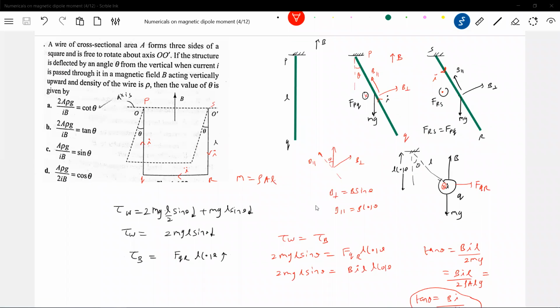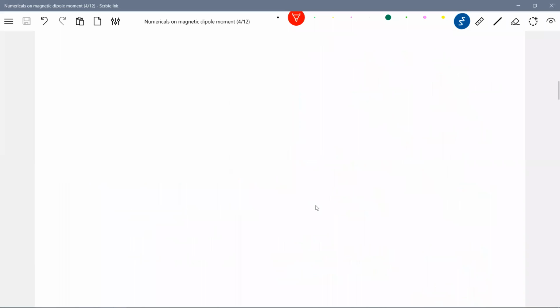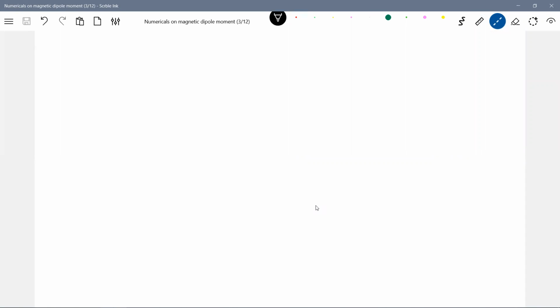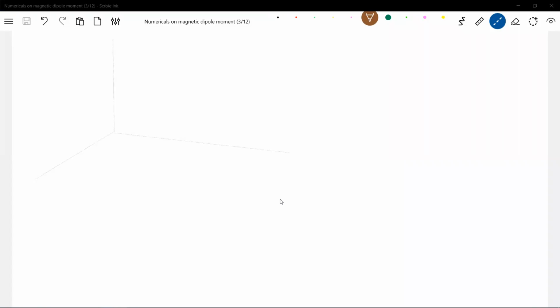This is one more problem I'll give. This one will take, one more similar to the first problem. Okay, I have to draw a cube.